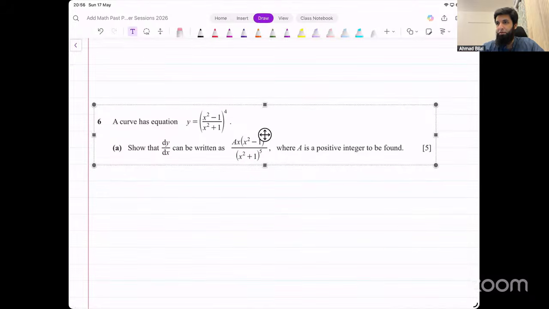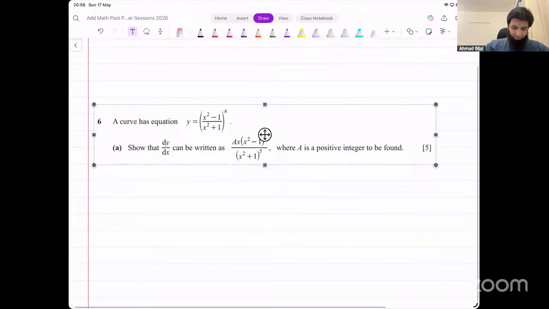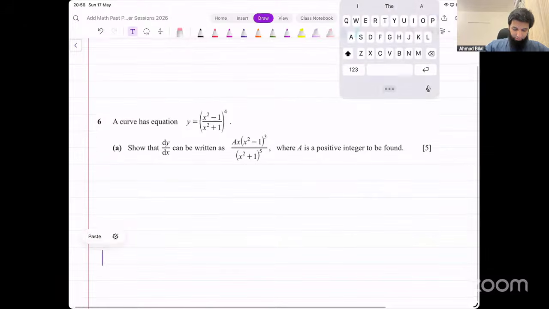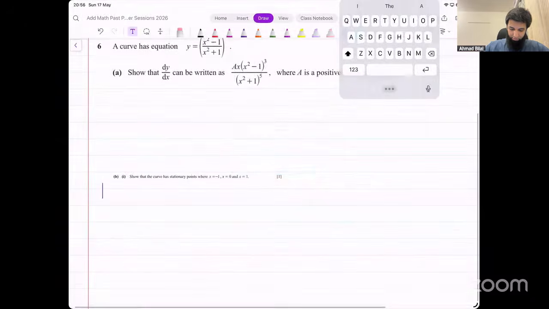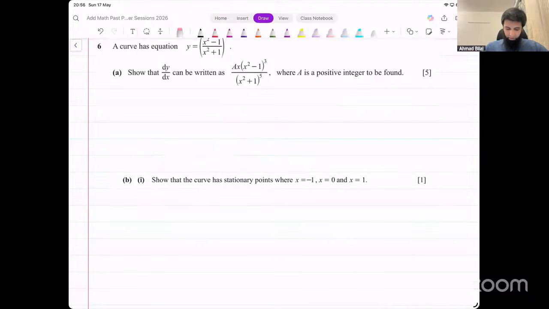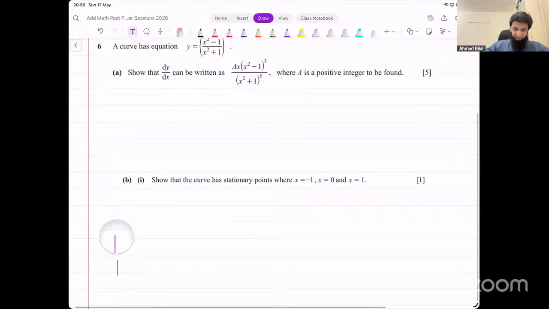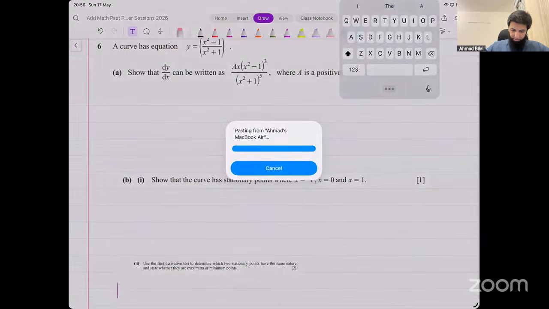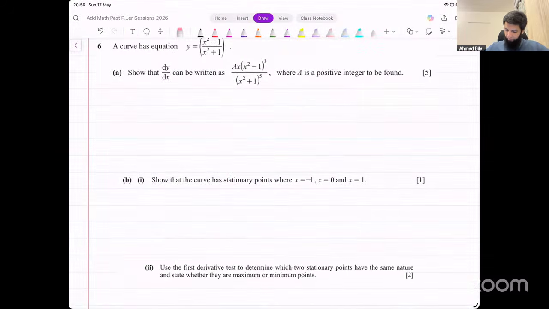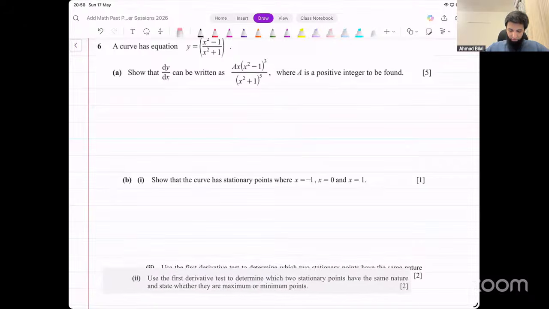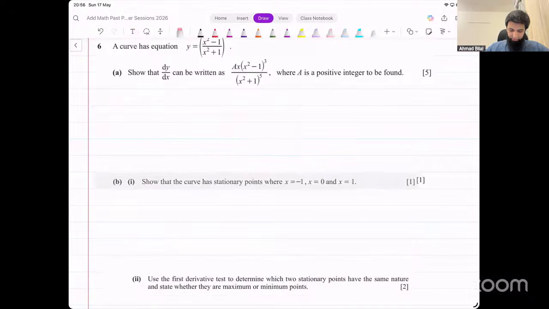Let me copy the other parts as well. Part B and C. Okay, so this is the first question that we're doing, question number 6 from June 25, paper 1-1. Let's begin with this.